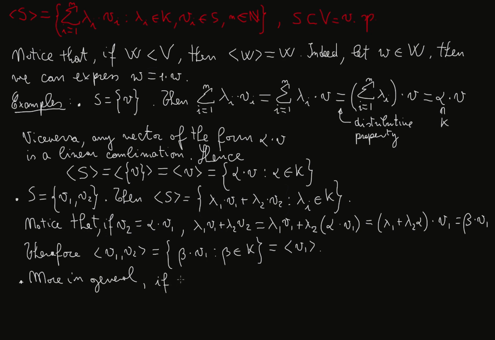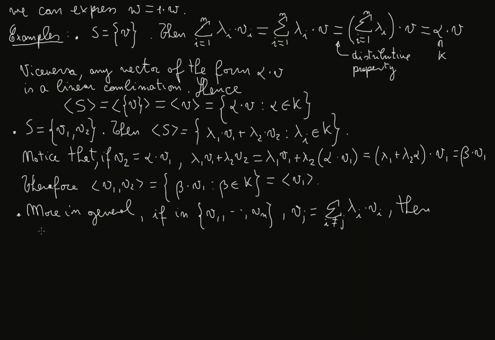If, in v1 through vn, vj equals a linear combination of vectors different from j, so the sum over i different from j of lambda i times vi, then a linear combination of all these vi's, for i that goes from 1 to n of lambda i vi, equals the linear combination for i different from j.